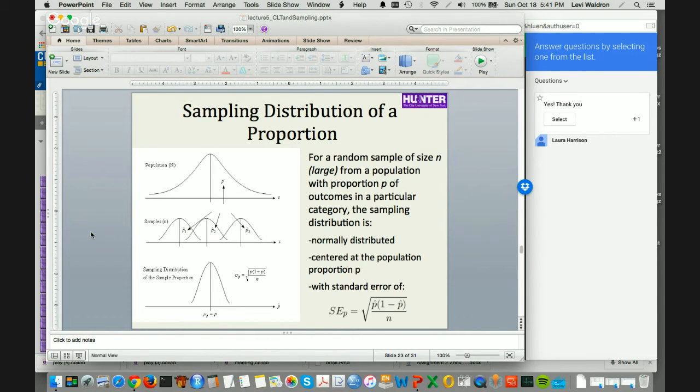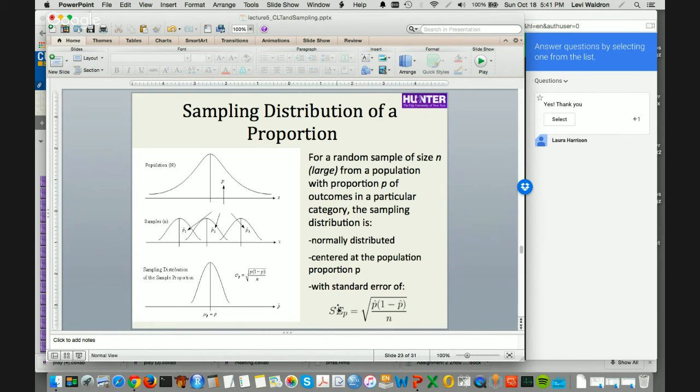So for proportions, this sampling distribution is also normal as long as n is large, so greater than or approximately equal to 30, and with neither of the groups being too small, like less than 5. The mean proportion is again the same as the population.